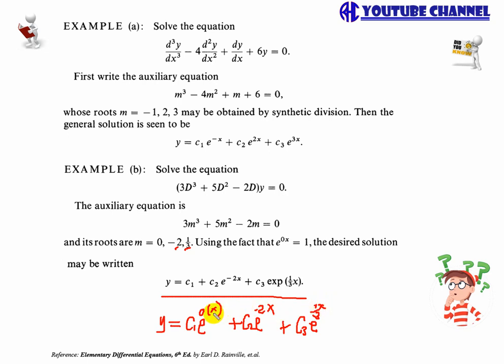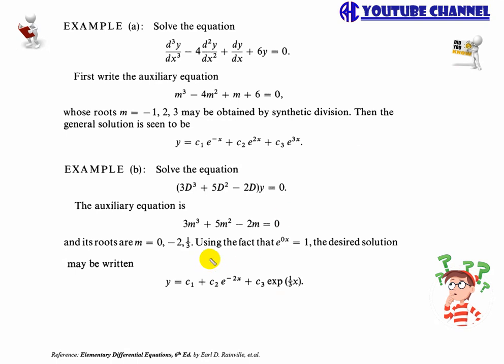So makikita ninyo, ito naging C1 na lang kasi yung a raised to 0, that is equivalent to 1. Kaya mas pwede natin isulat yung general solution natin in this form. Huwag yung kaligtaan yung x na yan, that is base a yan.